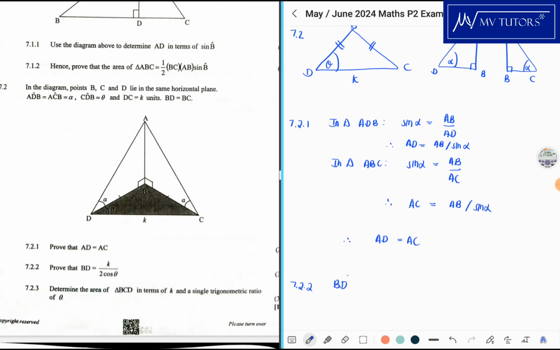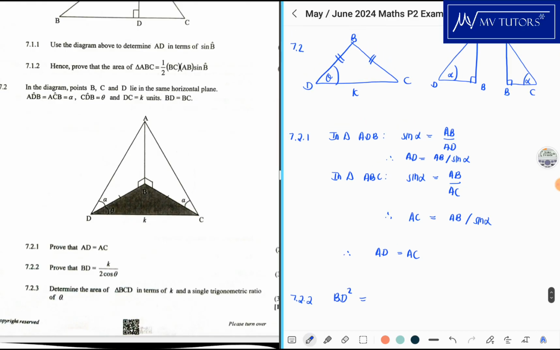So BD squared in this triangle BCD will be equal to BC squared plus DC squared minus 2 times BD times DC cos theta. But let me just see. Oh yes.